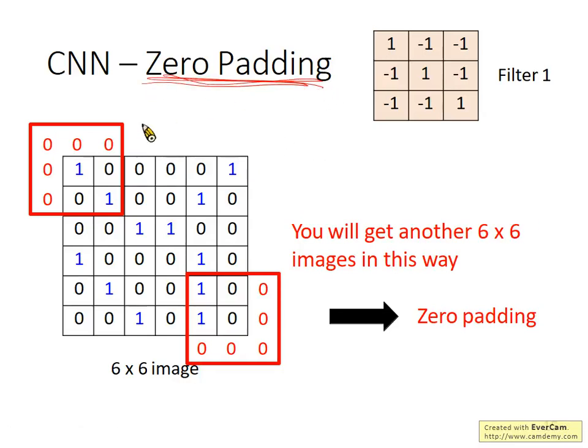That is, we virtually assume that the values of the pixels outside the image are all zero, and we pad in these values as 0, and then we apply the same filter to do convolution.